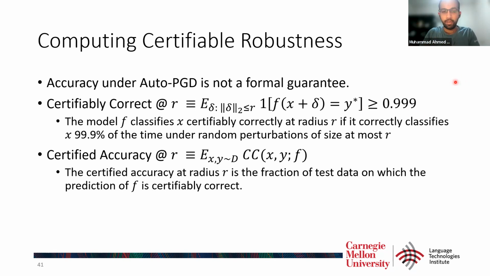And that's called certifiability. So I have two definitions here. One is called certifiably correct at R, R being the perturbation size.